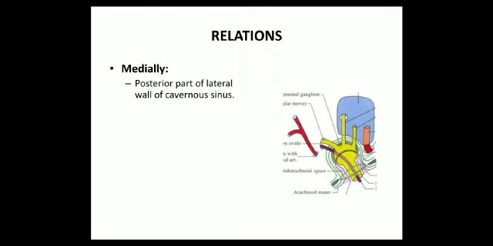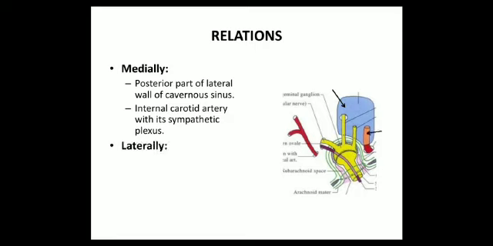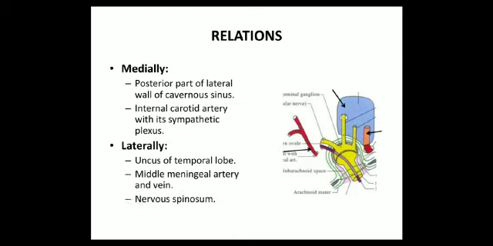Medially, it is related to posterior part of lateral wall of the cavernous sinus, the internal carotid artery with its sympathetic plexus. Laterally, it is related to uncus of temporal lobe, the middle meningeal artery and vein and the nervus spinosum.